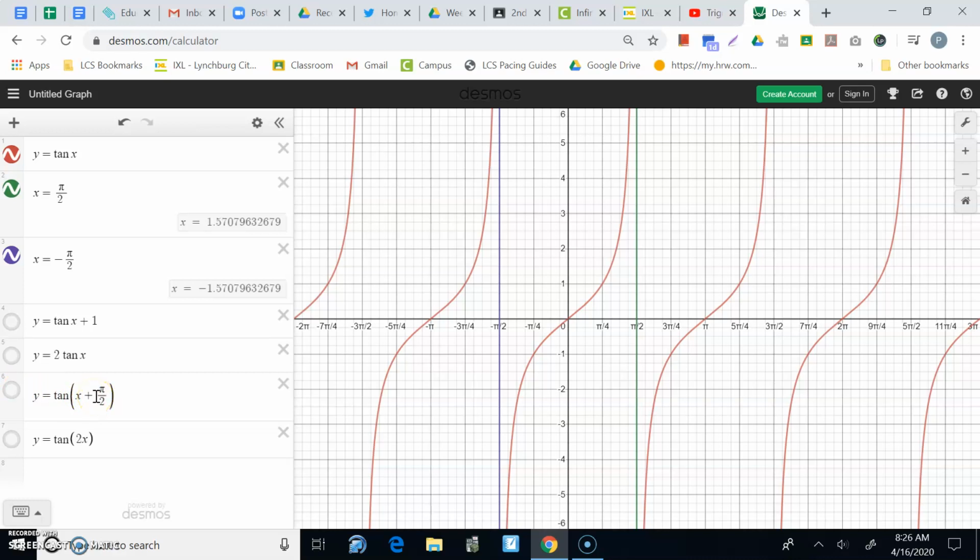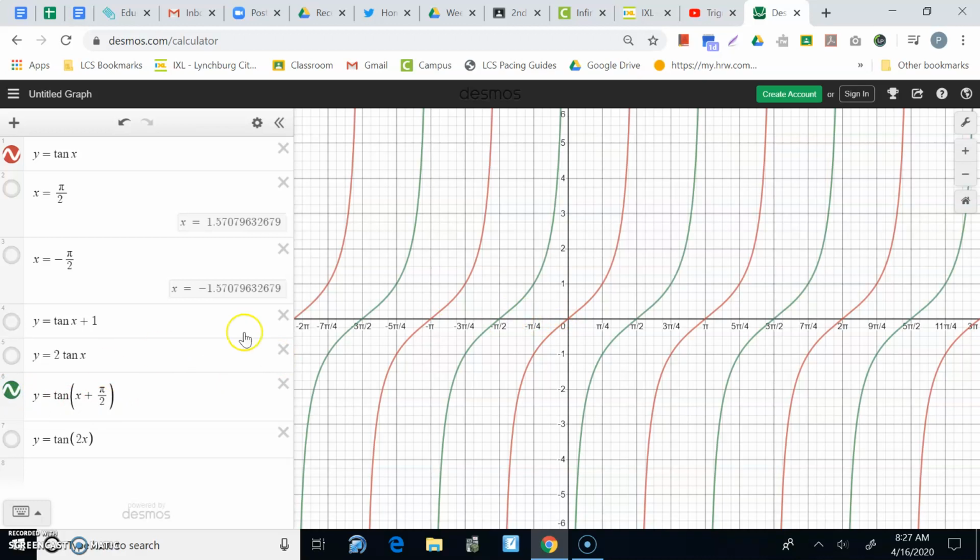So what I'm expecting, and I'm going to remove these asymptotes for a minute, is this point that's 0, 0, I think it's going to show up over here, pi over 2 units to the left. Let's take a look and see. Yep, sure enough. So adding that pi over 2 caused me to go from here at 0, 0 to here at negative pi over 2 comma 0.